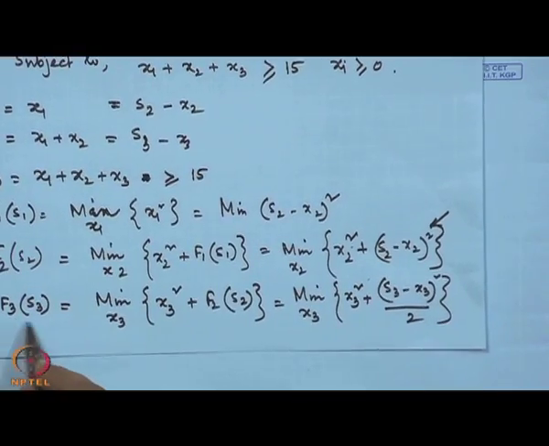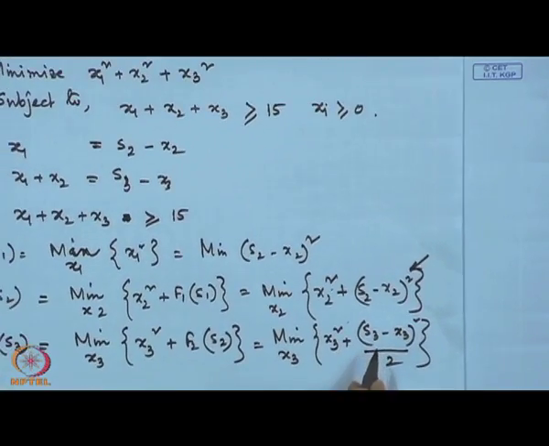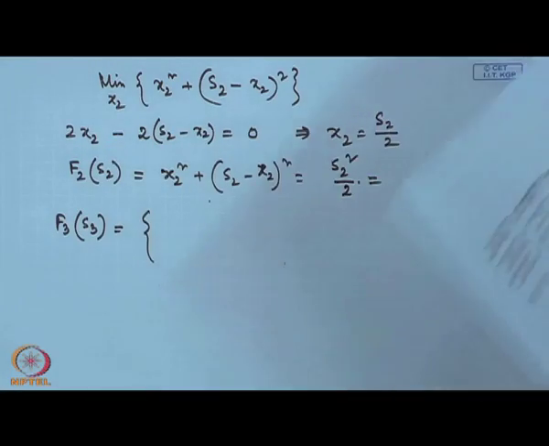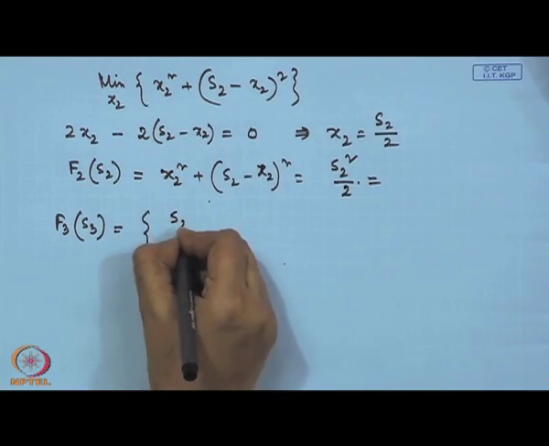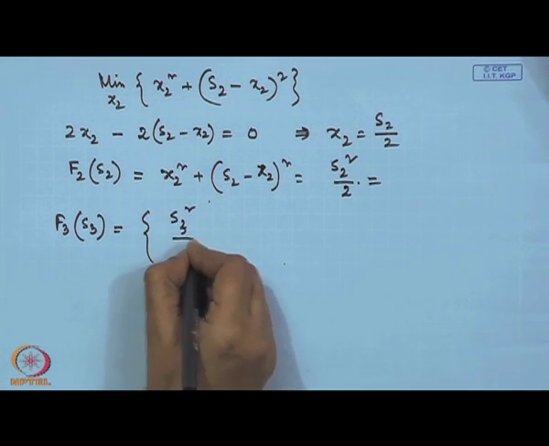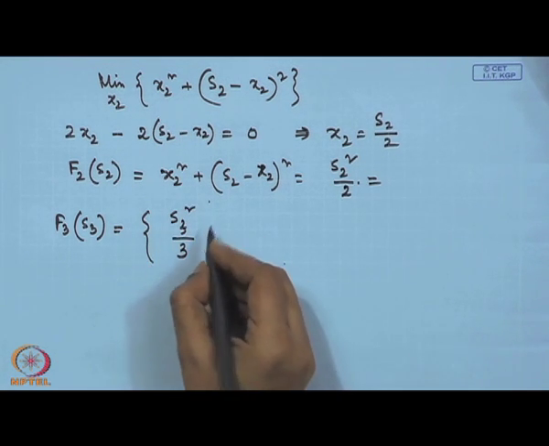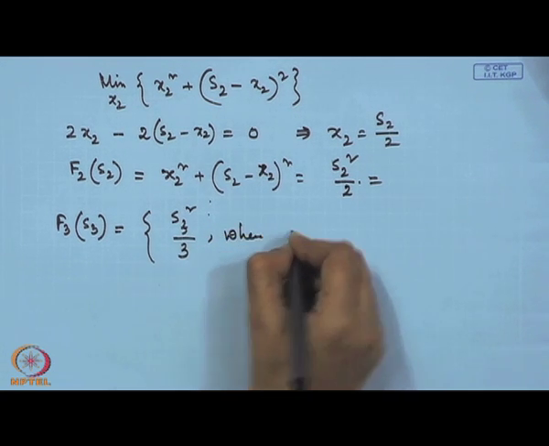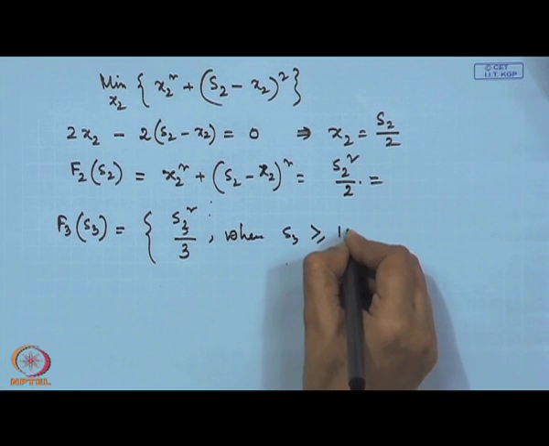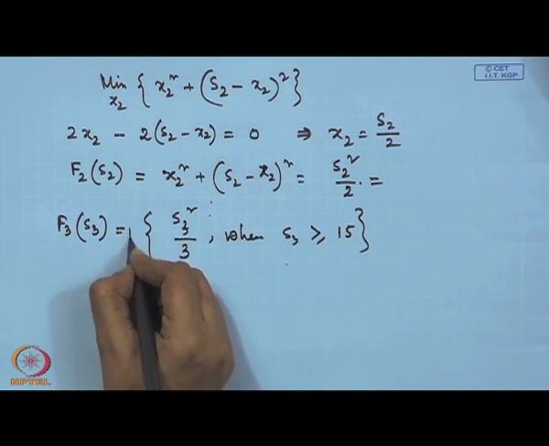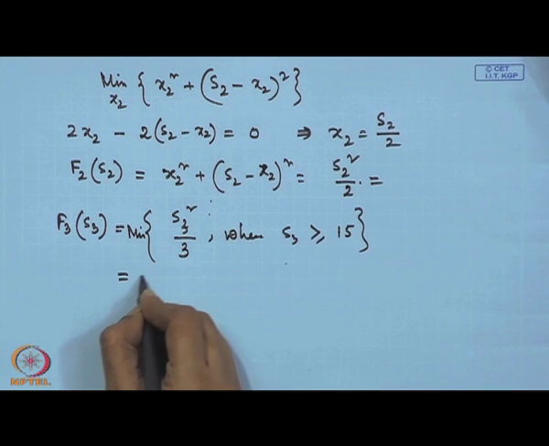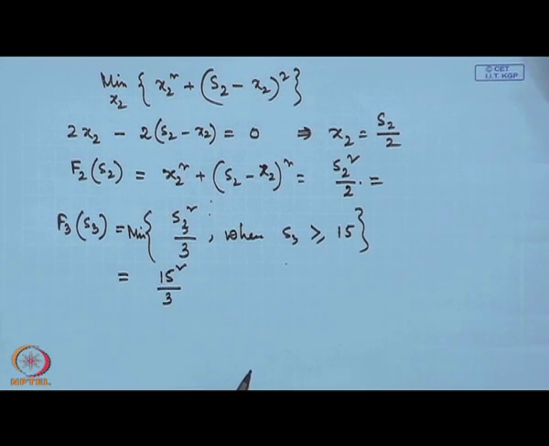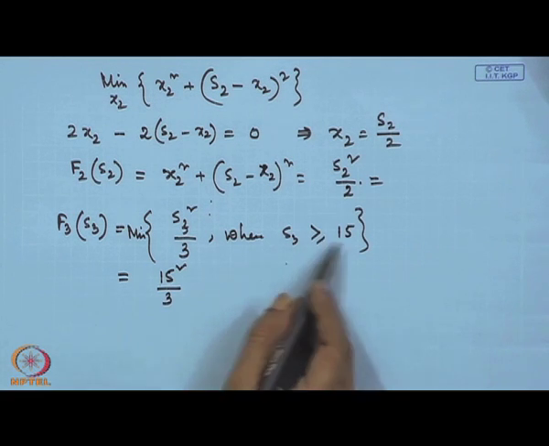Therefore, the minimum objective function will be attained when S3 is equal to 15, clear? Thus, we can say that minimum is attained as x3 square divided by 3, and here there is a condition that S3 greater than or equal to 15, minimum of this, then certainly it would be 15 square divided by 3, that is the optimal value, S3 is equal to 15.